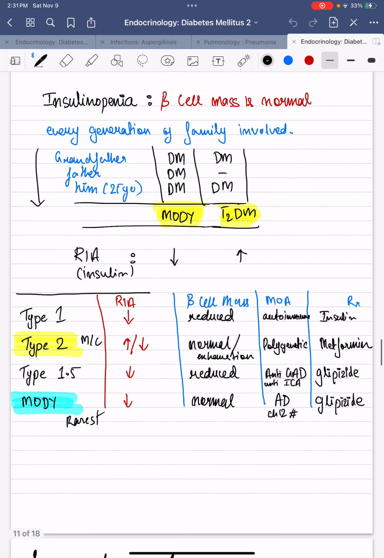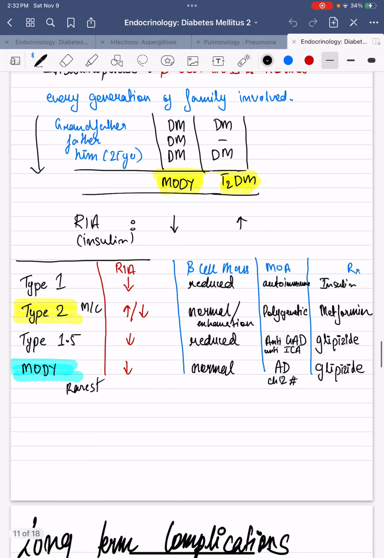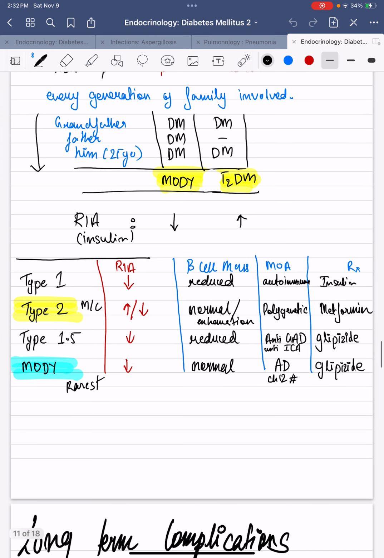So in this, there is insulinopenia, but the beta cell mass of the pancreas will be normal in the patient. So every generation of the family will be involved. I've just made a schematic representation.